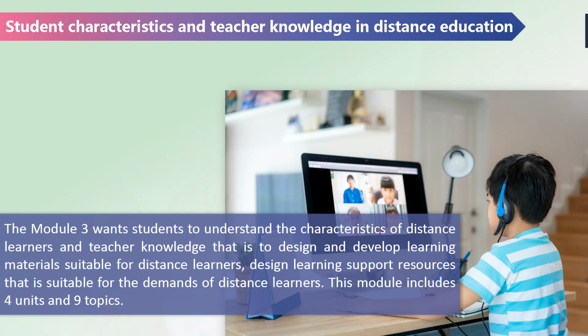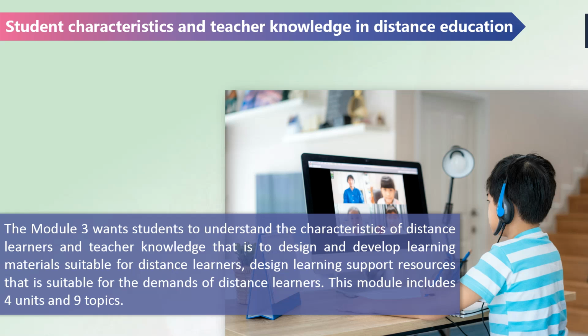Unit 1 has only one topic, which mainly introduces the characteristics of digital generation learners, including the research summary of digital generation learners and how to carry out teaching based on the characteristics of digital generation learners.